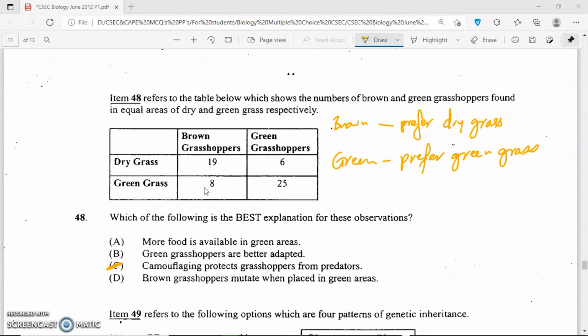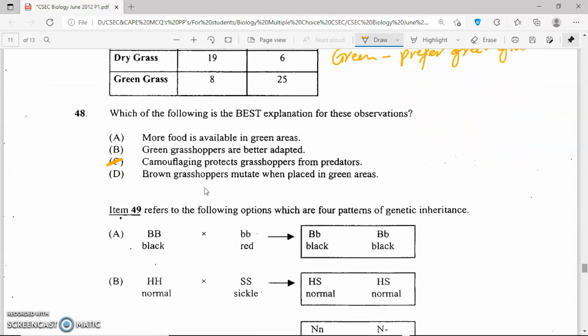So this table tells us that the brown grasshoppers prefer the dry grass, and the green grasshoppers prefer the green grass. Which of the following is the best explanation for these observations? The answer here would be C. Camouflaging protects grasshoppers from predators. They blend in with their surroundings so that they are not easily spotted by predators.